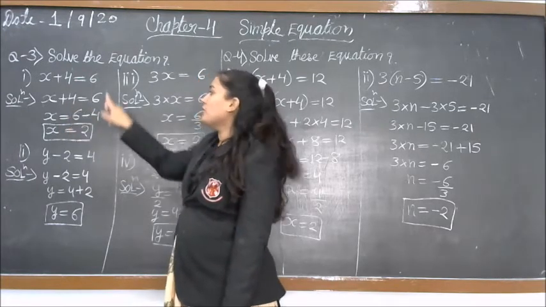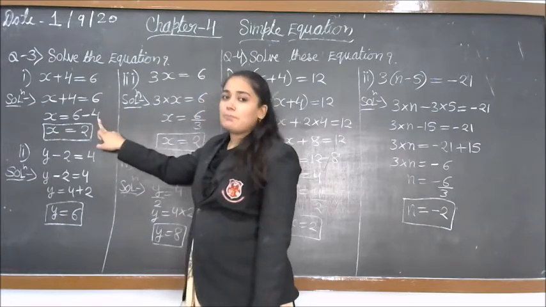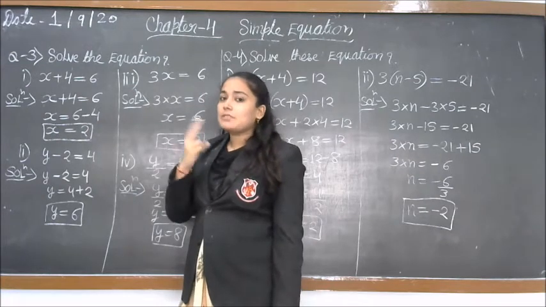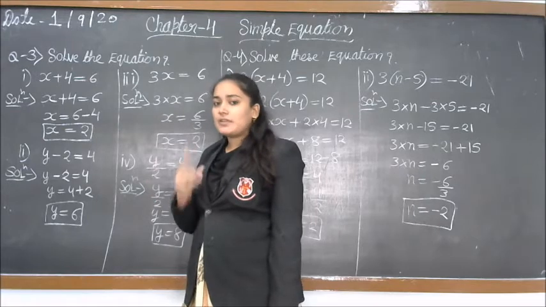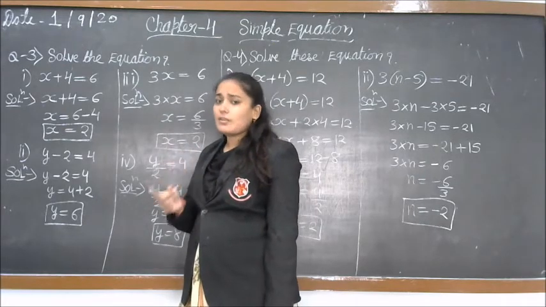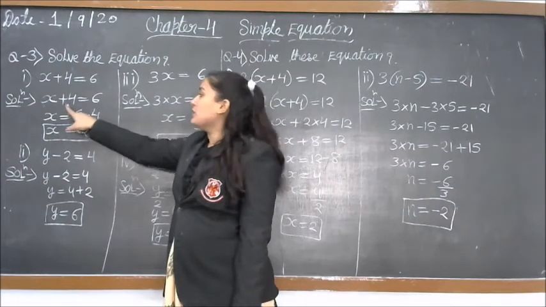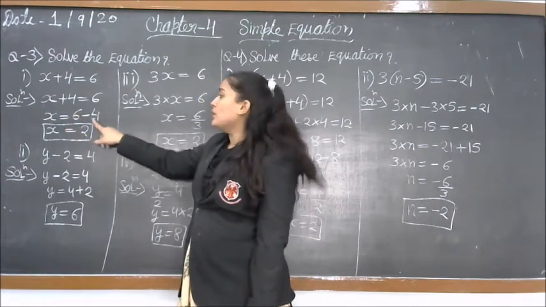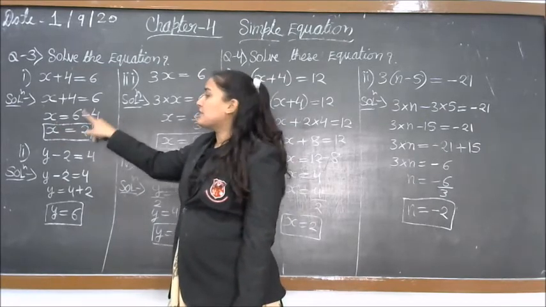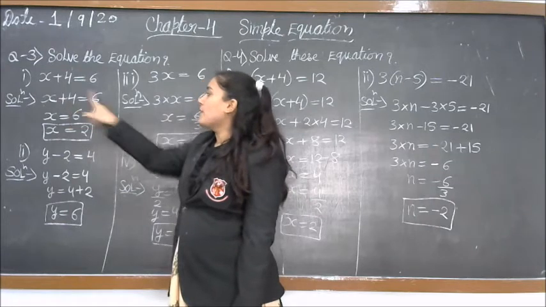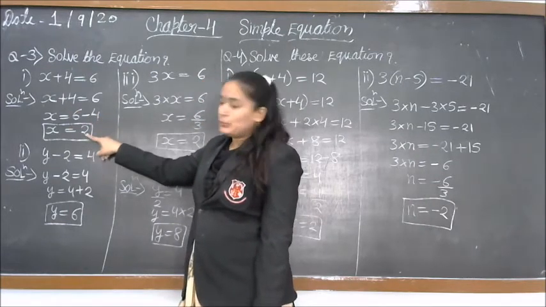When we move it to the other side of the equal sign, it changes: addition becomes subtraction, subtraction becomes addition, multiplication becomes division, and division becomes multiplication. In this case 4 is in addition, so when we move it across the equal sign, it becomes negative. So x is as it is, 6 is as it is, 4 becomes minus: 6 minus 4 equal to 2.